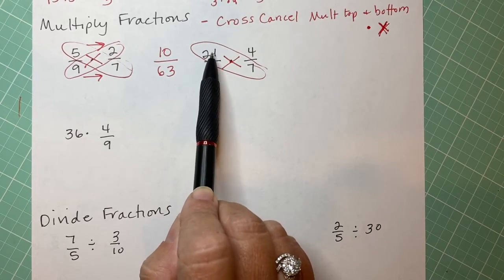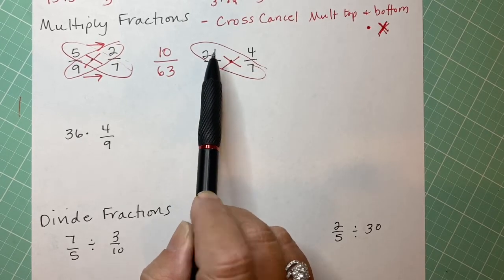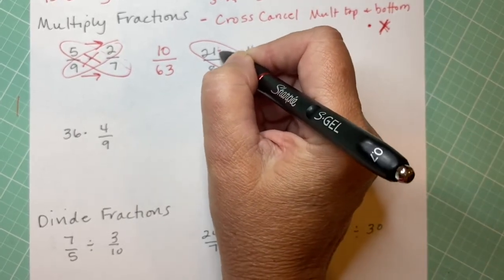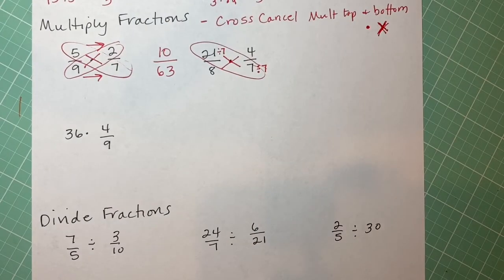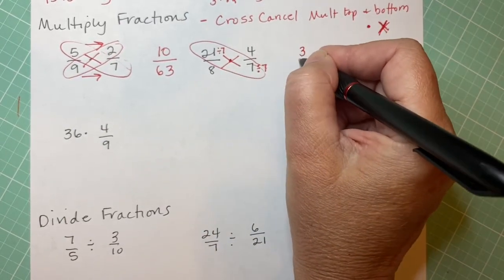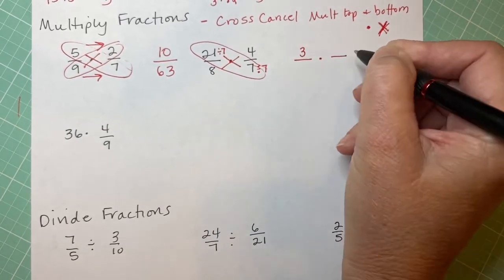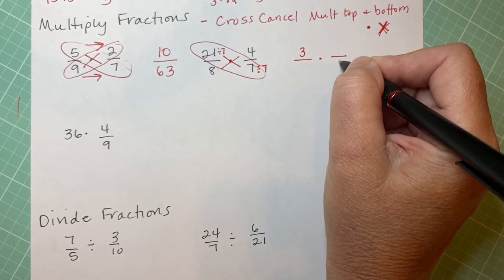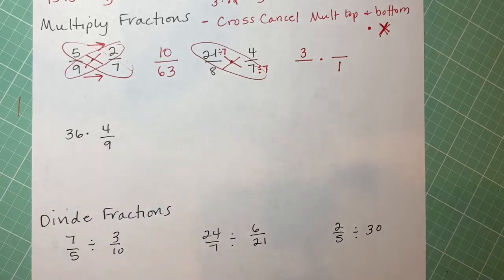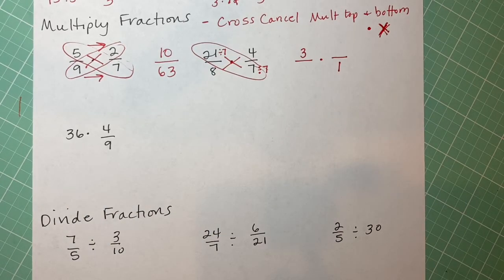In other words, 21 divided by 7 is 3. So you're going to divide both of these by 7 because that's what you can reduce it by. So on this top, 21 divided by 7 is 3. And on the bottom, 7 divided by 7 is 1. We cross-canceled on that diagonal.